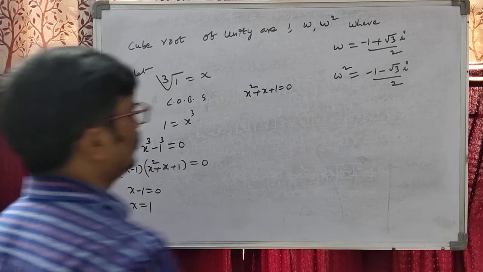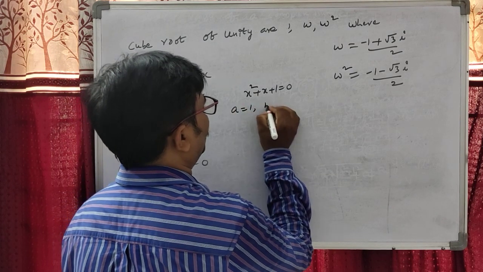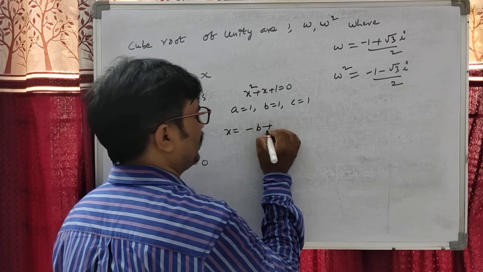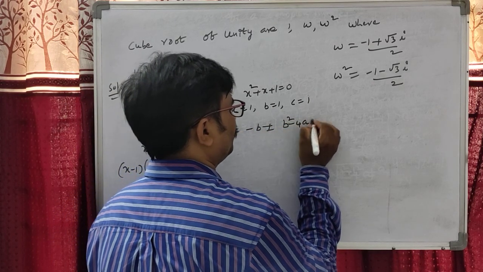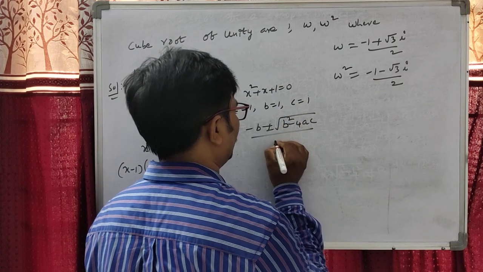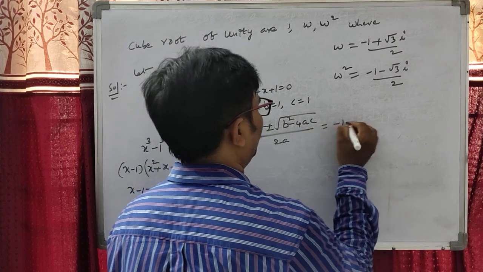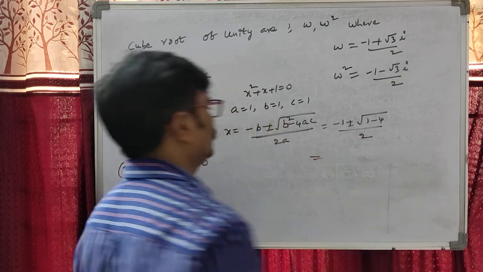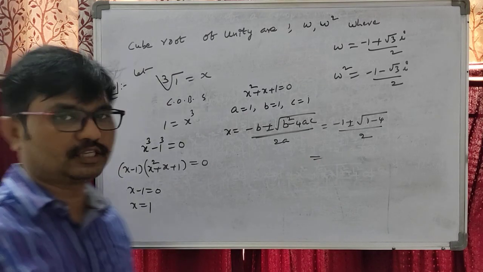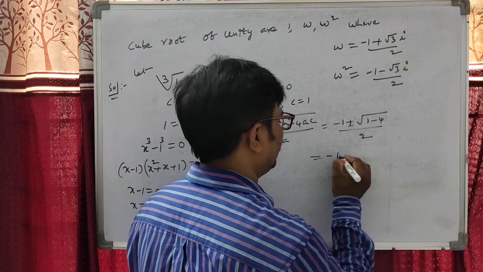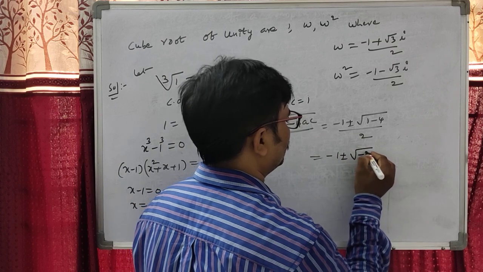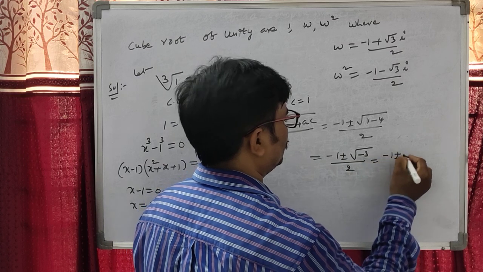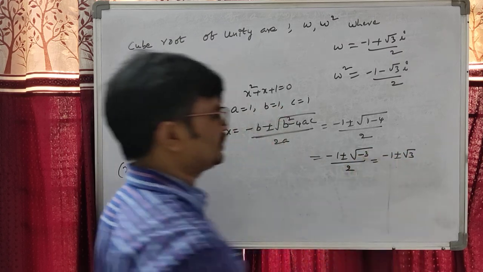Therefore, a equals 1, b equals 1, c equals 1. x equals minus b plus or minus root of b squared minus 4ac, by 2a: minus 1 plus or minus root of 1 minus 4, by 2. 1 minus 4 is minus 3, by 2, so minus 1 plus or minus root 3 times root of minus 1, which is i.